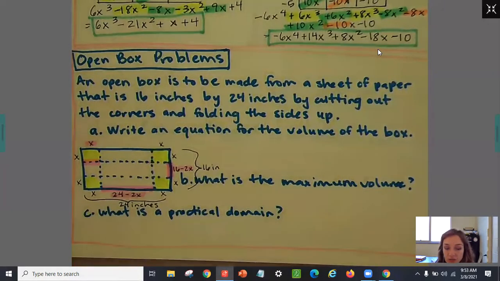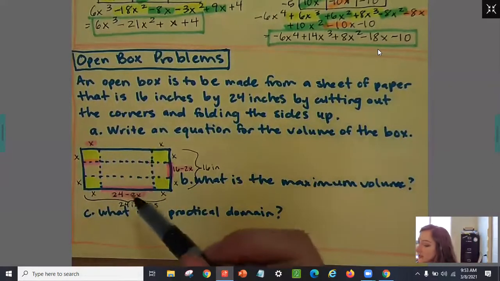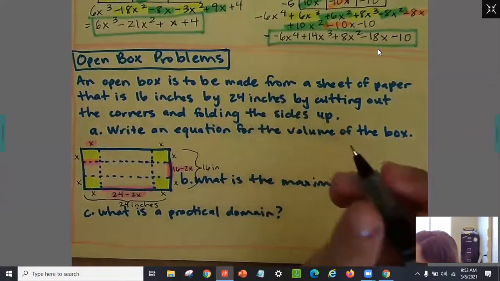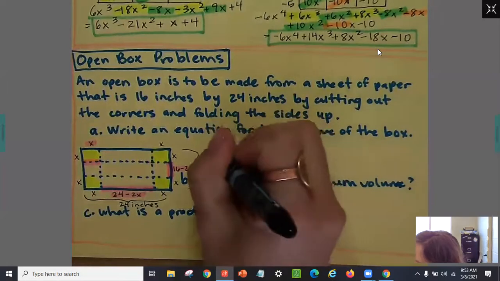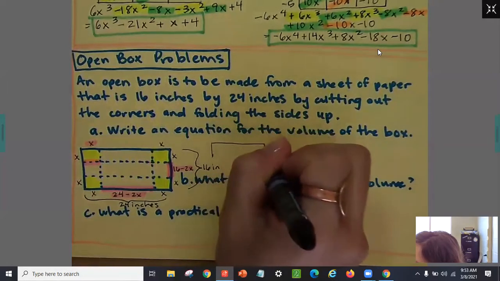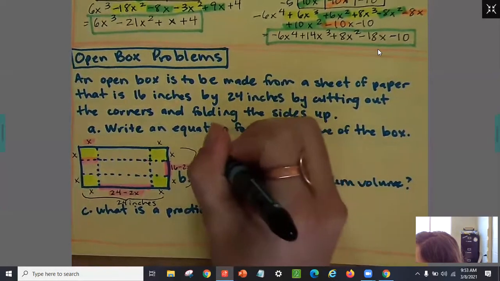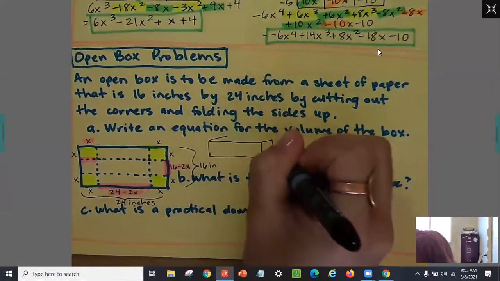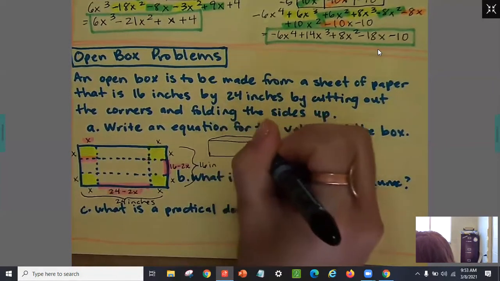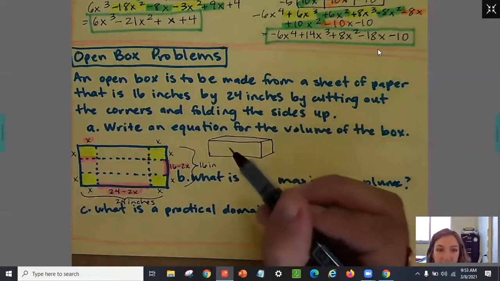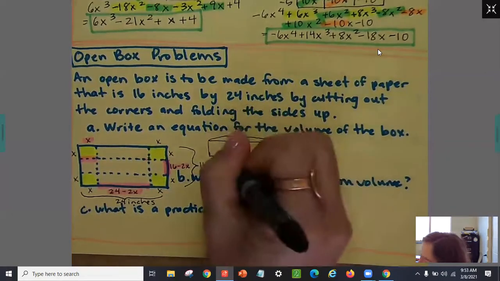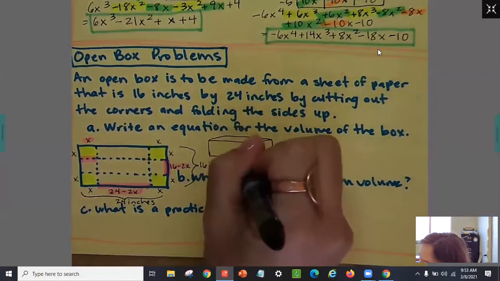Okay, so let's go ahead and write the equation for our box. Let's just draw out a box here. Okay, so this is what our box looks like. You can see that this length is going to be 24 minus 2x.